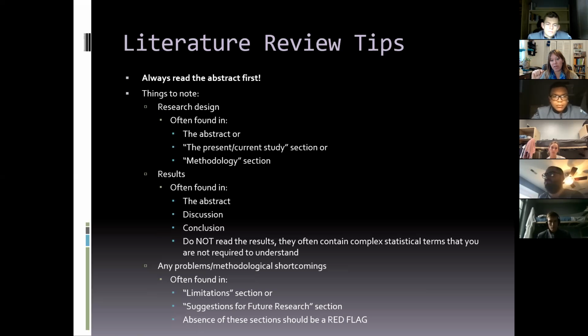If you don't see an author mentioning limitations, that is a red flag. We want transparency in research, which is why there's usually 16 pages of the research design, which you don't have to read the whole thing. I'll show you what to look for. But if they're not mentioning their limitations, that's usually a red flag.